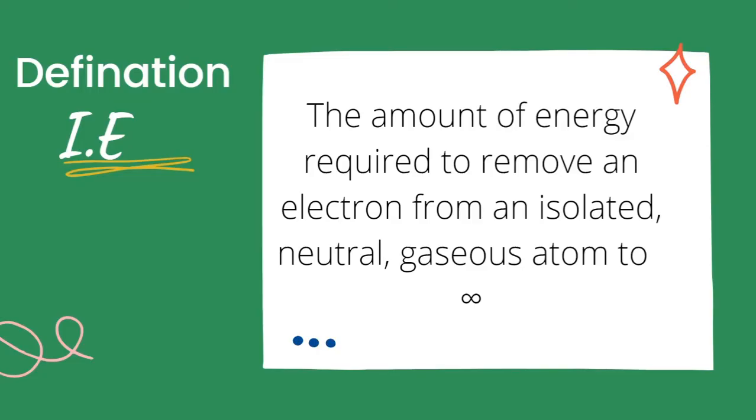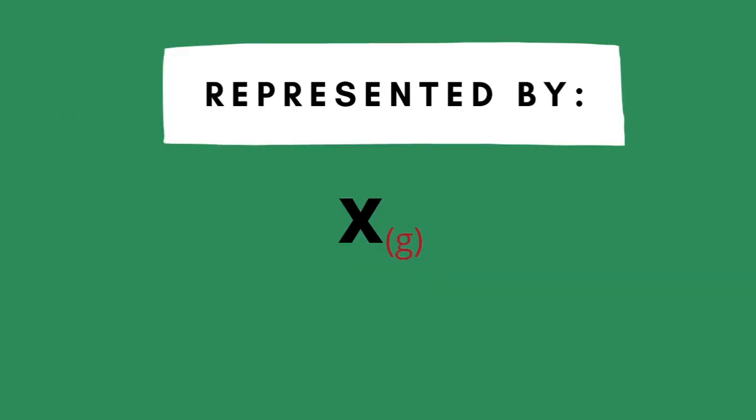The ionization energy is the amount of energy required to remove an electron from an isolated neutral gaseous atom to infinity. We can represent the ionization energy as X subscript g, where the subscript g means a gaseous atom.